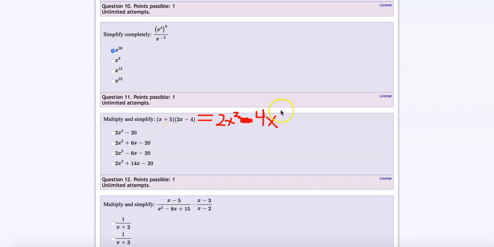Inner, 5 times 2x is 10x. And then we have last, which is 5 times negative 4, and that's negative 20. Right, so then when you combine that, 2x squared minus 4x plus 10x, this combines to be a positive 6x. So since we have a positive 6x in the middle, that gives us the second answer choice.